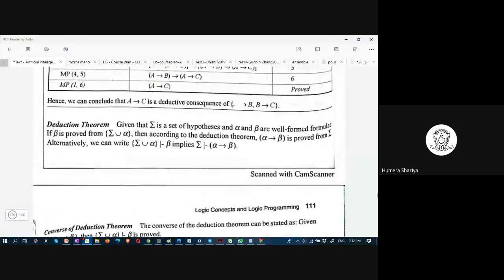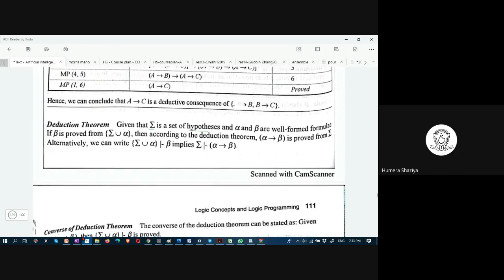All right. Well, here it is the deduction theorem. The deduction theorem says that given sigma, which is a set of hypotheses, alpha and beta are well formed formulae. If beta is proved from sigma union alpha, then according to the deduction theorem, alpha implies beta is proved from sigma.